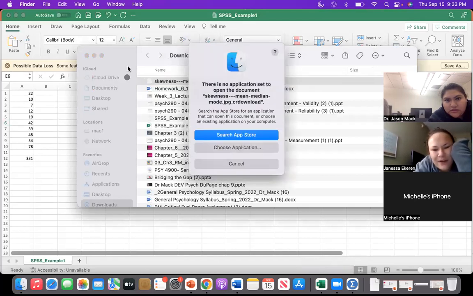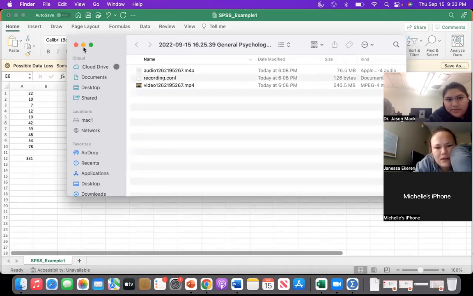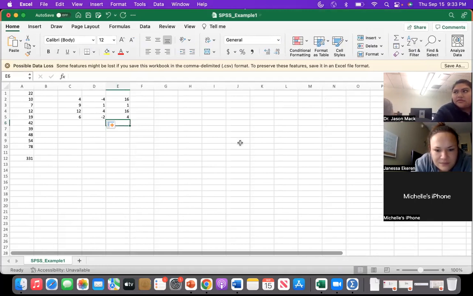Click escape. Click the red button in the top left. I'm so lost. I don't know how to use Apple either. I have a MacBook and I don't know how to use it. I wish I could share it with you guys, but I can't.